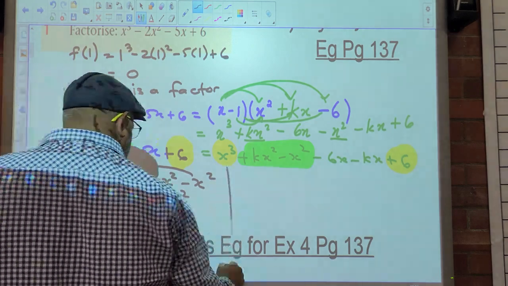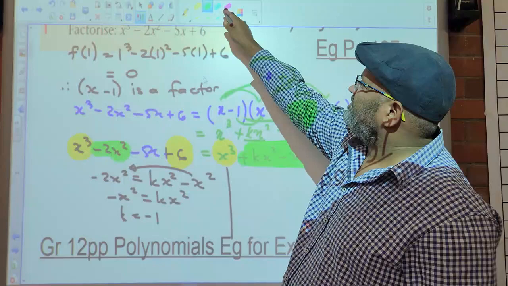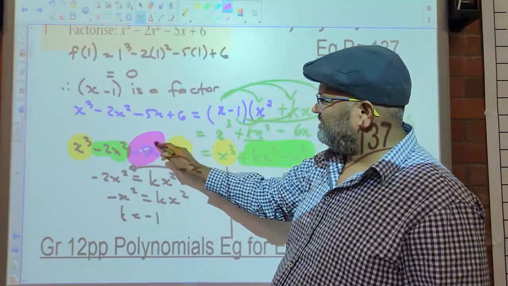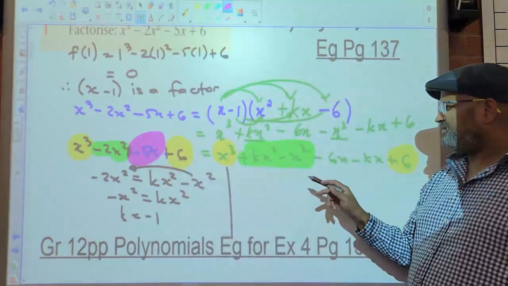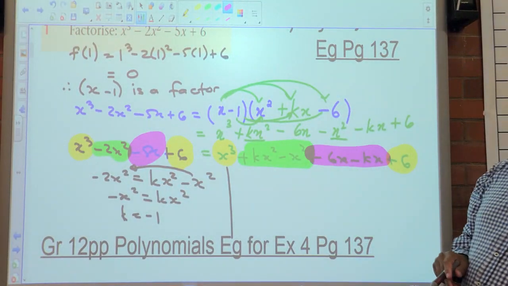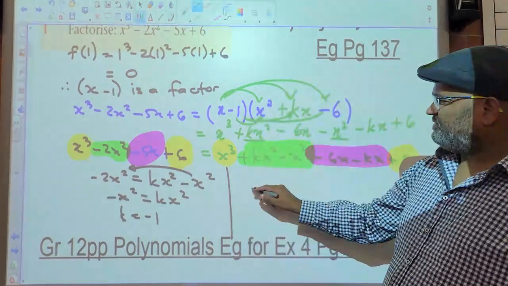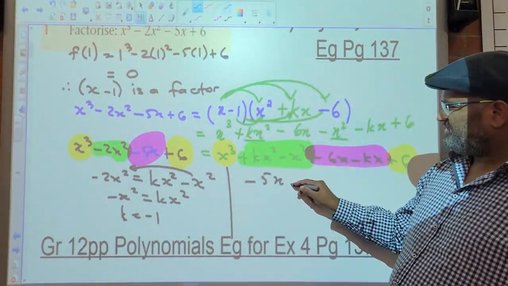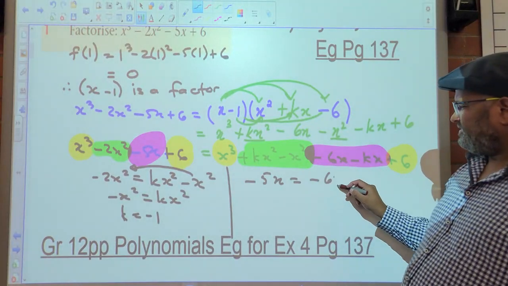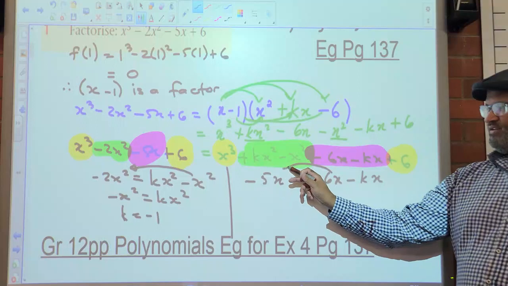Let's go to this side. So in other words, what we have here, negative 5x has to be equal to negative 6x minus kx. Not so. So in other words, negative 5x is equal to negative 6x minus kx. Again, I'm going to take it over the equal sign.